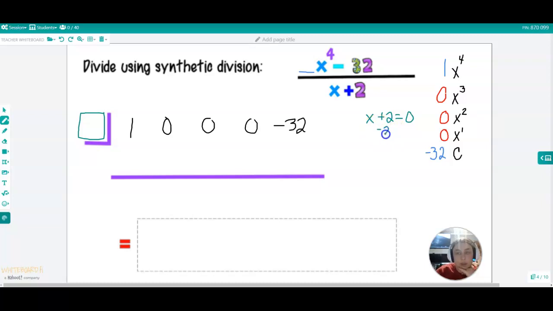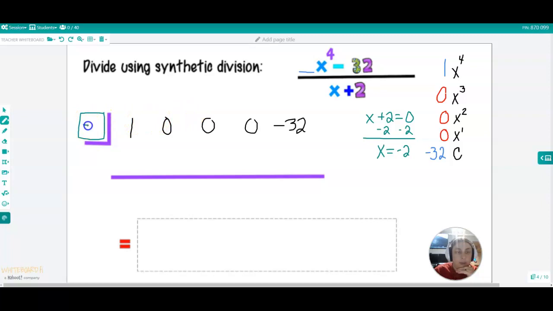In this case, we're going to subtract 2 from both sides, because we're looking for the number that makes that statement true. If I plug in negative 2 to this equation, negative 2 plus 2 equals 0. That is correct.